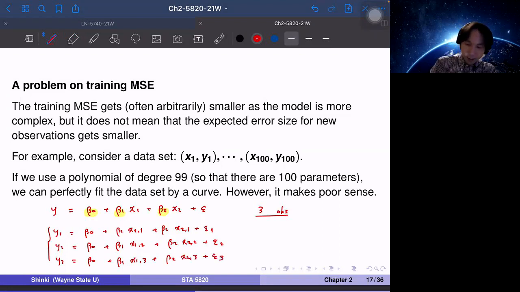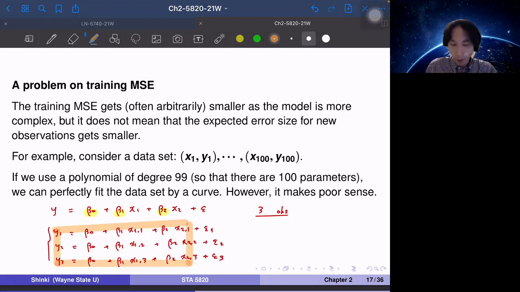Then actually we can have all errors equal to 0, and this is the same as solving a linear equation with 3 parameters, right? So as long as these 3 vectors are linearly independent, we can identify beta naught, beta 1, and beta 2. But that does not mean x1 and x2 explain y.